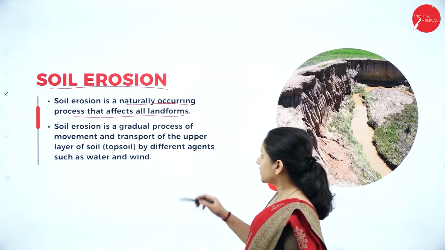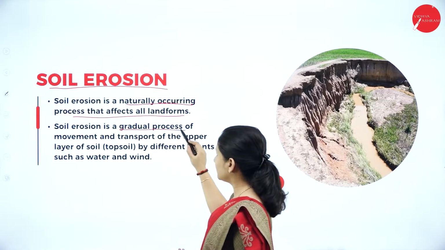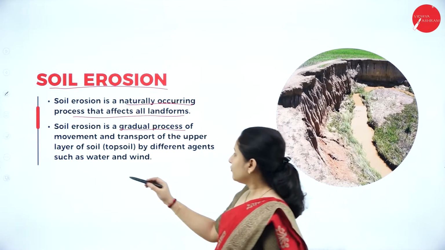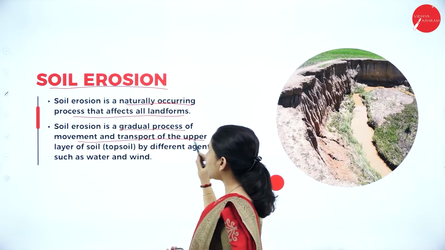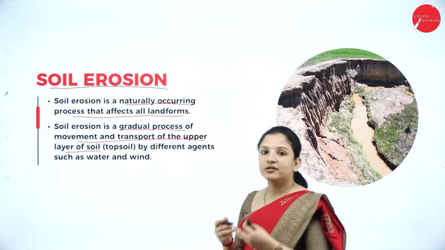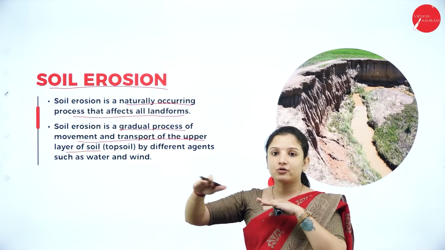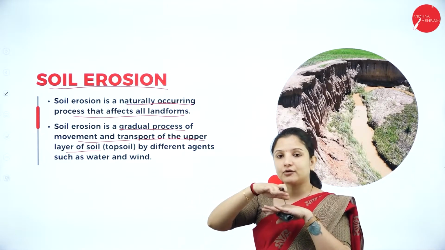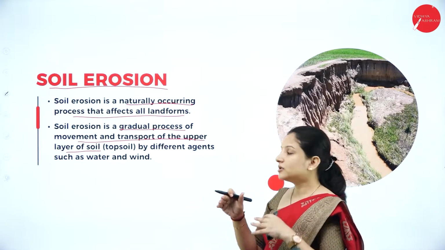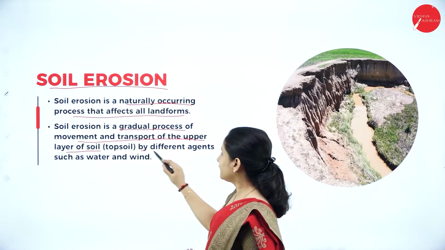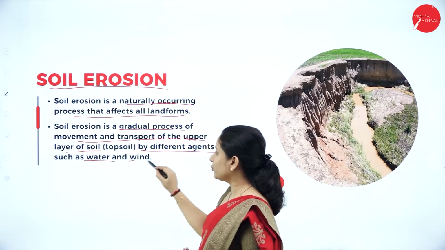It is a very slow and gradual process wherein the upper layer of the soil, that is the topsoil, starts to erode. It starts to move and get vanished from the surface of the earth by different agents such as water and wind.